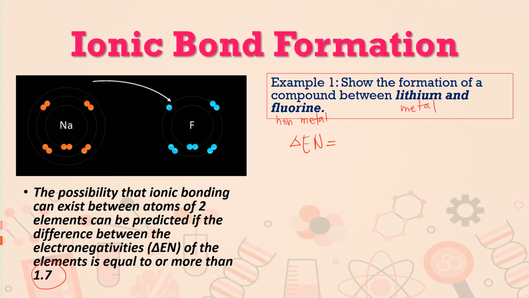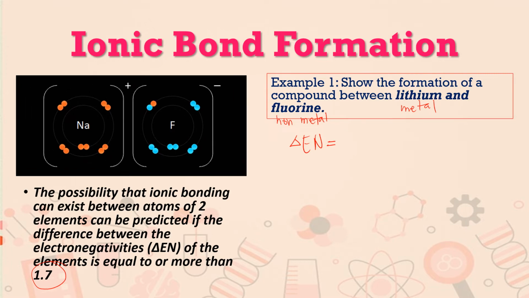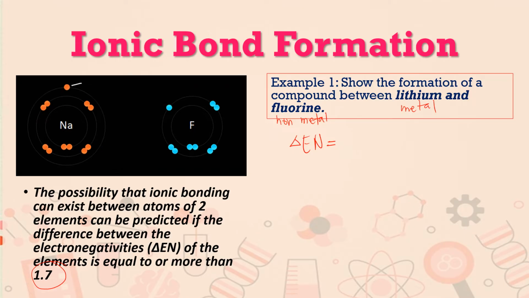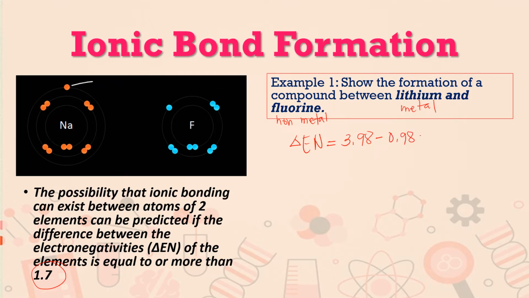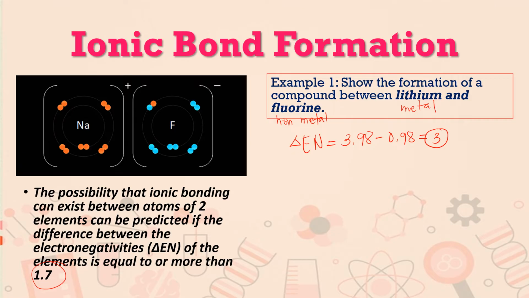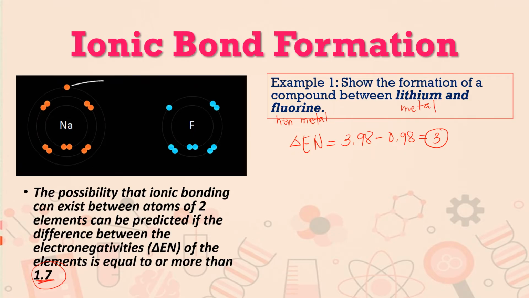You just have to subtract. So the electronegativity of fluorine is 3.98 minus the electronegativity of lithium, which is 0.98. If you subtract that, the difference is 3. And since it is greater than 1.7, therefore, they could really make an ionic bond.